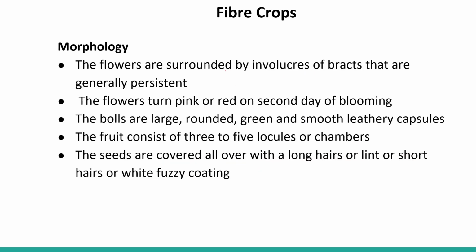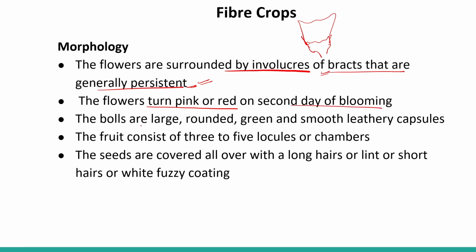The flowers are surrounded by involucres or bracts that are generally persistent. So the flowers like this have an involucre. So this involucre or the bracts are generally persistent. The flower turns pink or red on the second day of blooming.